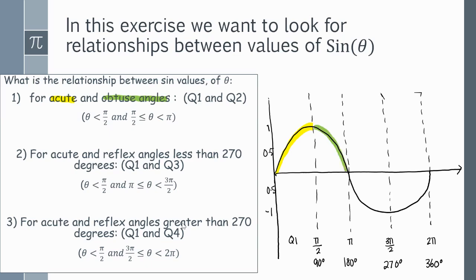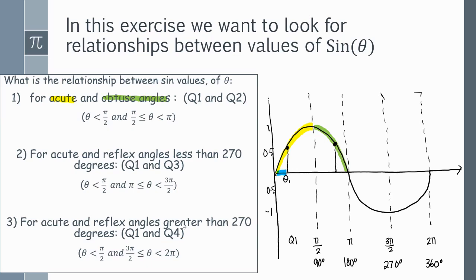Now, notice here, I'm just going to choose a theta point along my theta axis or my x-axis. So if I choose this theta 1, I'm going to say that sine of theta 1 is around 0.5. If I look in the obtuse section, quadrant 2, I can also see a point where sine is approximately 0.5. And it looks like these are quite symmetrical.